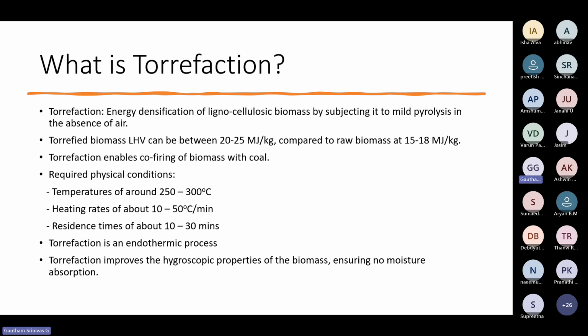It is flexible. You can maybe tear it, but you cannot grind it as easily. But if you torrefy this biomass, the grindability properties increase. And what is the use of grindability? If you want to make pellets of the biomass or briquettes, have you seen pellets? Do you know what pellets are?